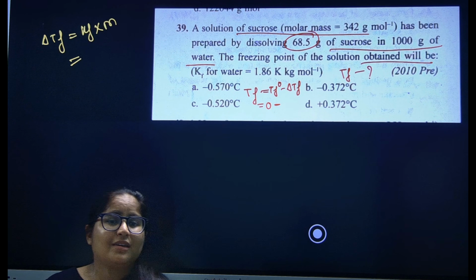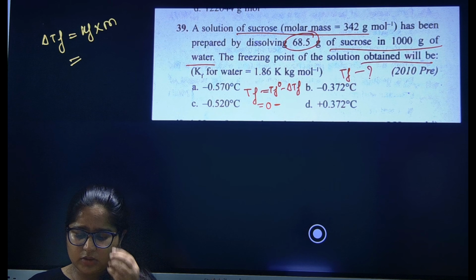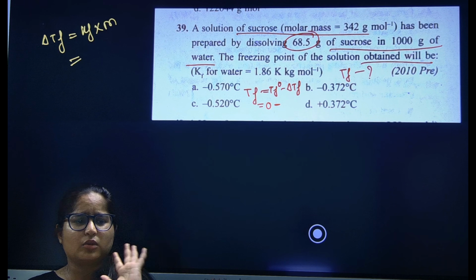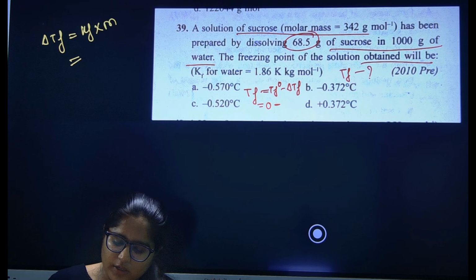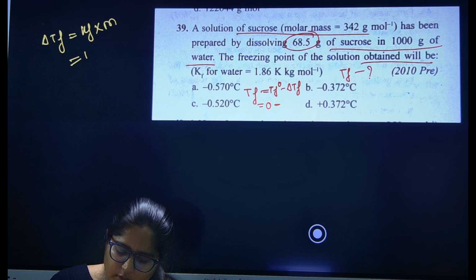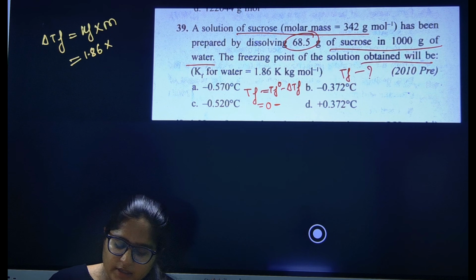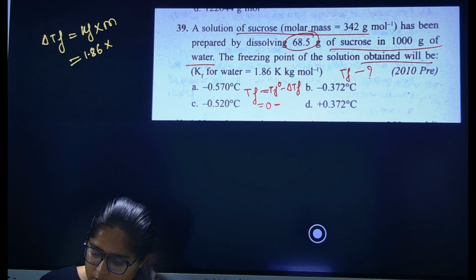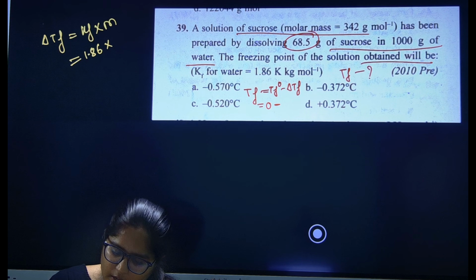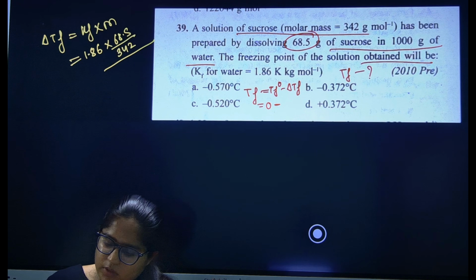We are not writing here i. Why? Because these all are sucrose, urea, no, like a normal colligative property. Kf for water we know 1.86 into molality. How to find out molality? Given mass by molar mass. So given mass how much given? 68.5 gram of sucrose divided by molar mass 342 divided by 1000 gram of solvent.